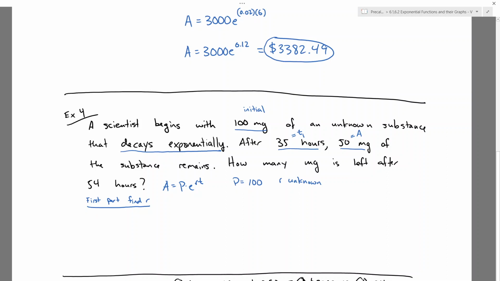So plugging in, you get 50 is equal to 100 times e to the r times t, which is 35.